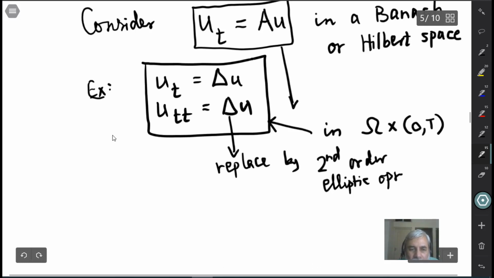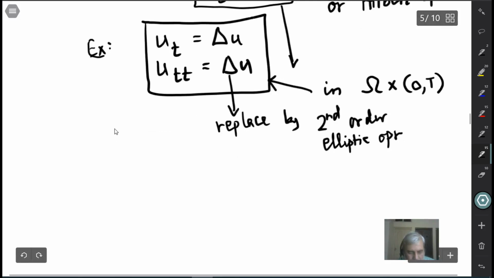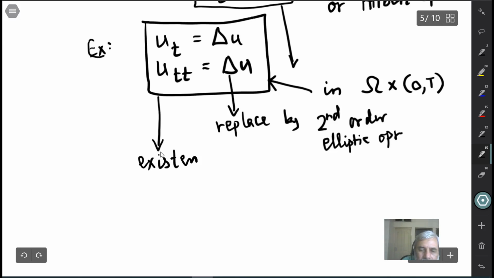So in general, we will not be able to obtain a solution in explicit form. So we have to prove the existence and uniqueness results by some techniques.